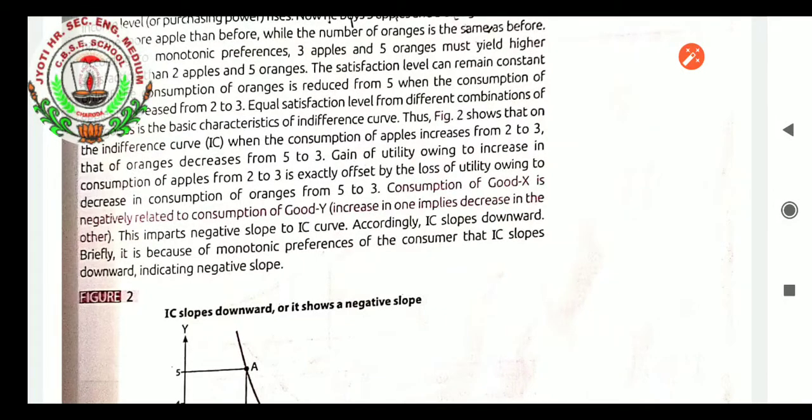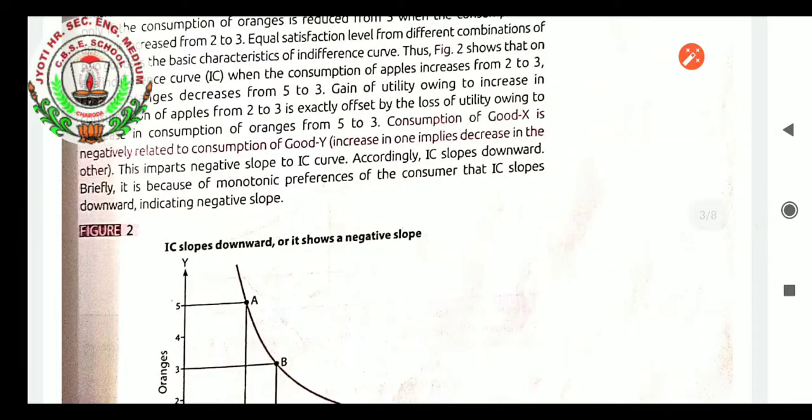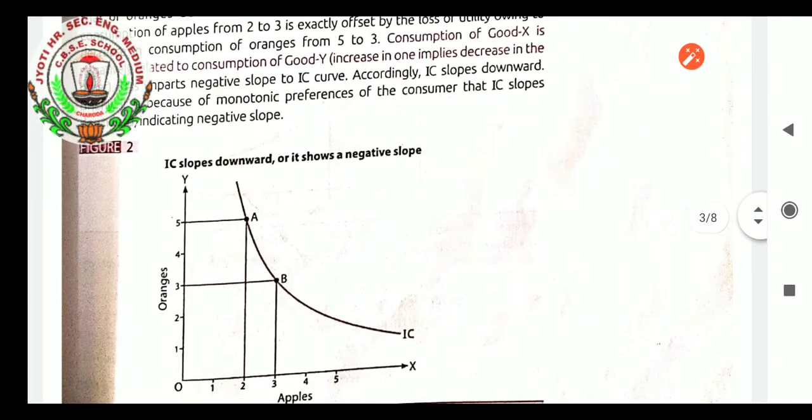So as to increase the number of apples, he is decreasing the number of oranges purchased. Consumption of good X is negatively related to consumption of good Y. An increase in one implies a decrease in the other. This implies the negative slope of the IC curve. Accordingly, IC slopes downward. Briefly, it is because of the monotonic preference of the consumer that IC slopes downward, indicating a negative slope.